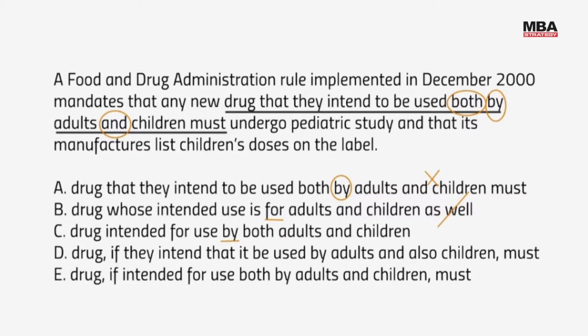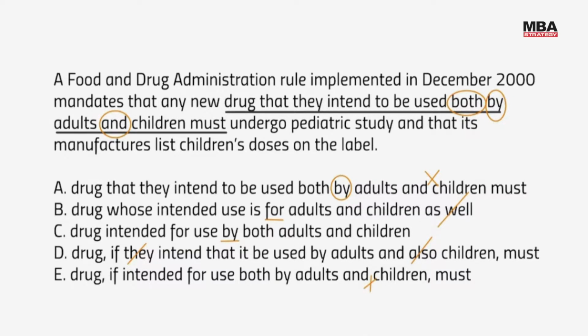Option D looks redundant, plus it has a wrong use of the pronoun they and the word also. And option E misses the preposition by before the second element. Therefore, it's incorrect.